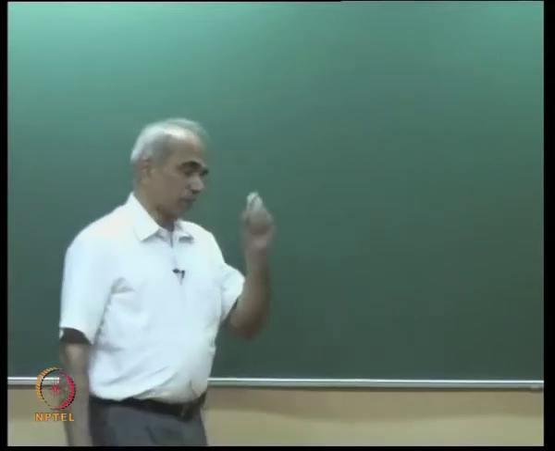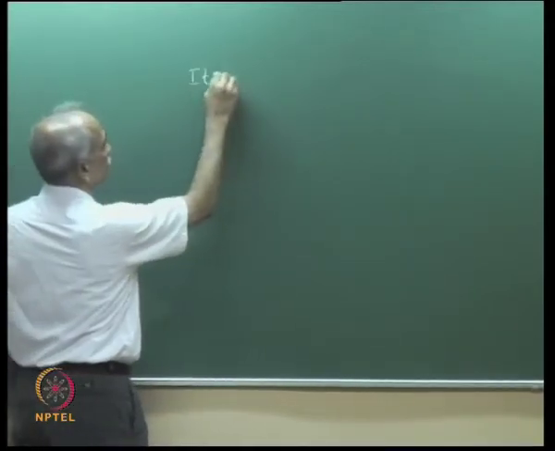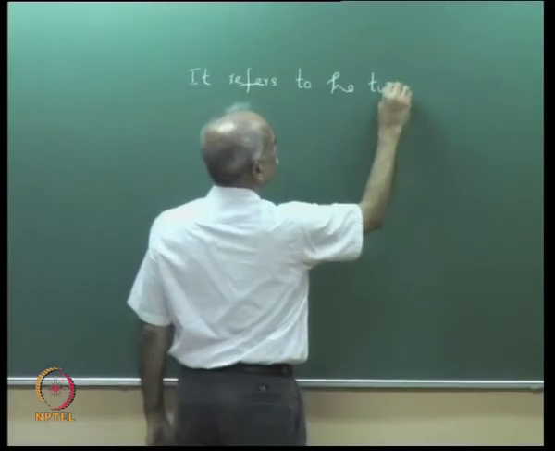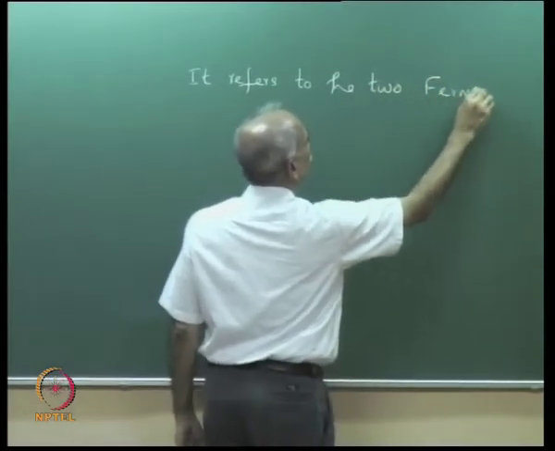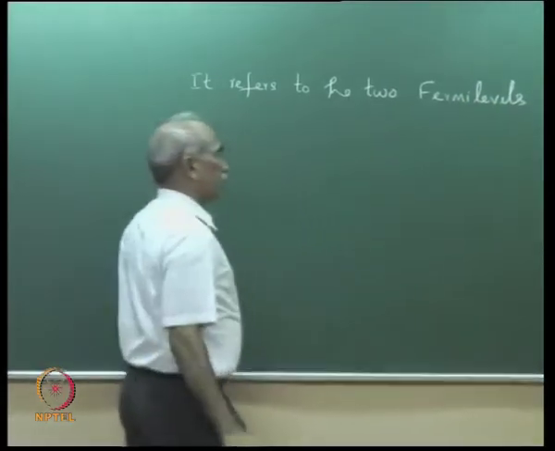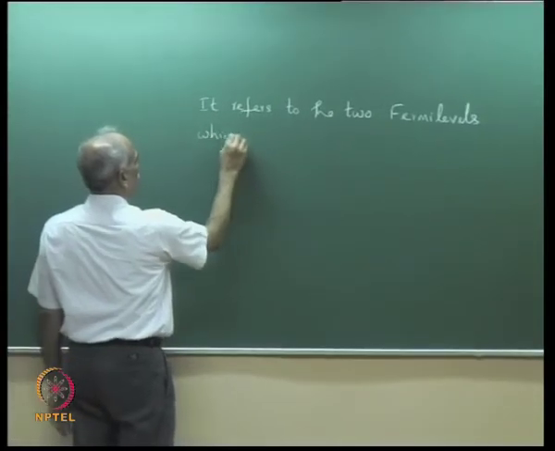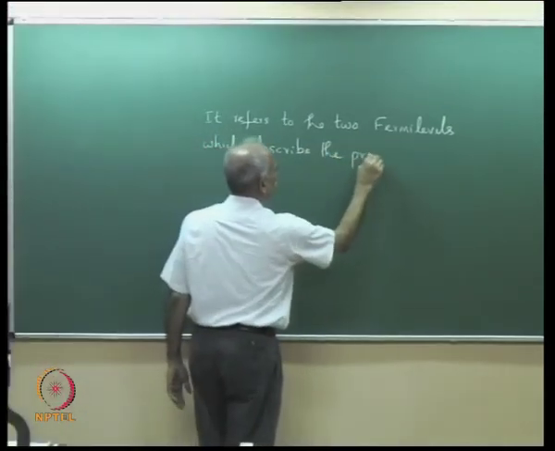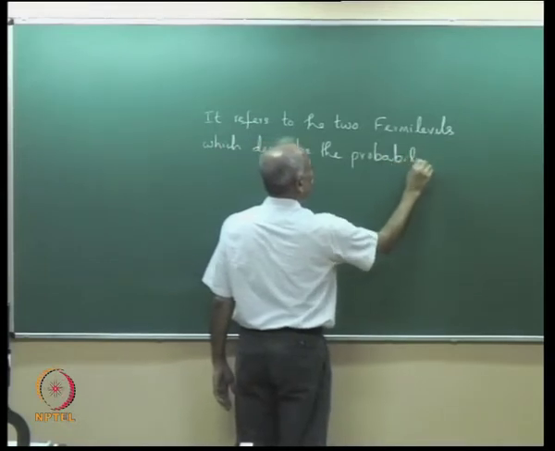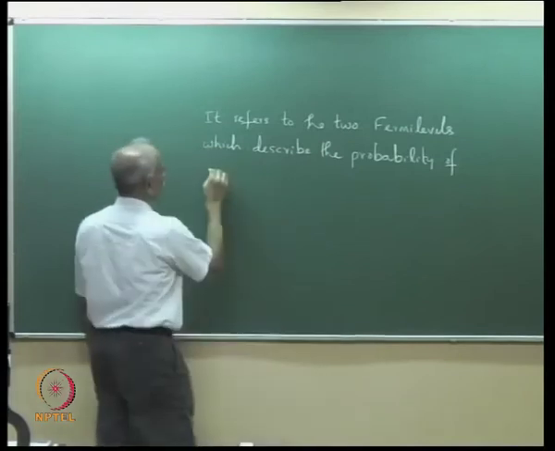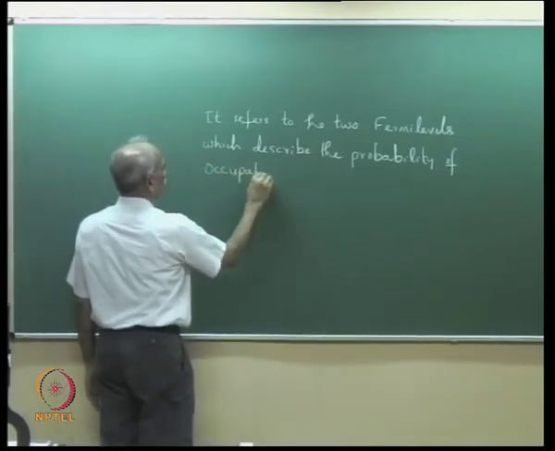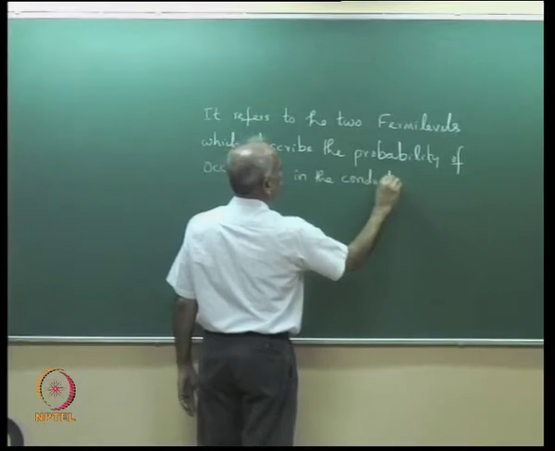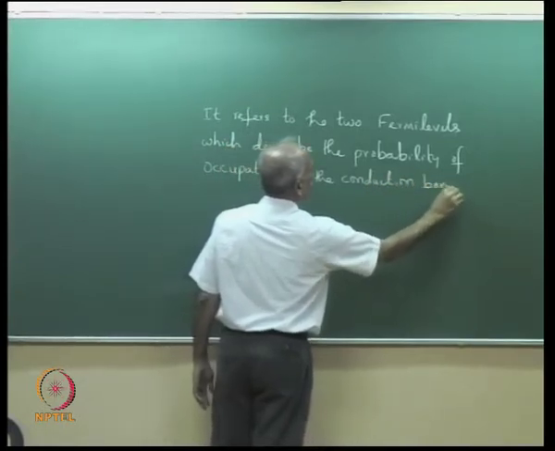So what are quasi Fermi levels? It refers to the two Fermi levels which describe the probability of occupation in the conduction band and the valence band.